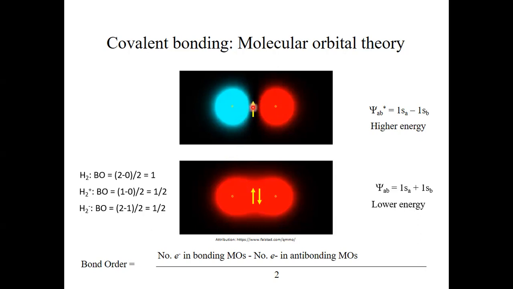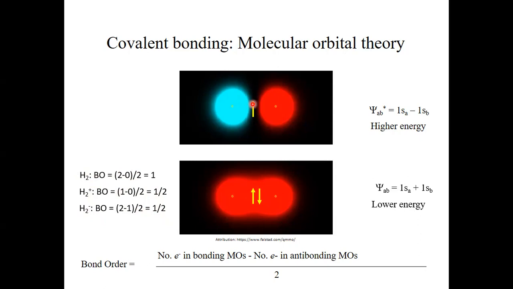But what would be the bond order? Well, in this case, it would be 2 minus 1 over 2, which is also equal to 1/2. So that would mean that we again have a weaker bonding situation compared to the H2 molecule, but we would predict that an H2- ion could still be stable because we have more stabilized bonding electrons than we have destabilized antibonding electrons. And indeed, one can observe the H2- ion experimentally also.